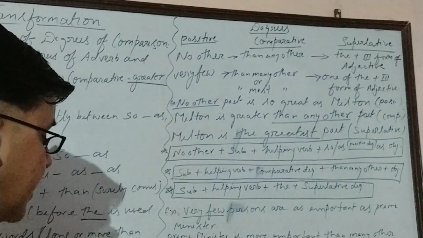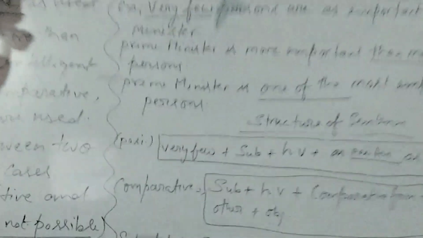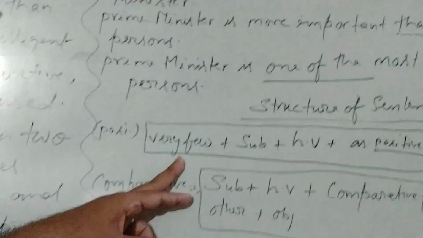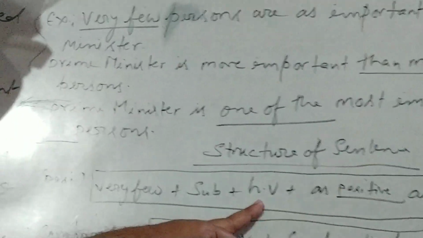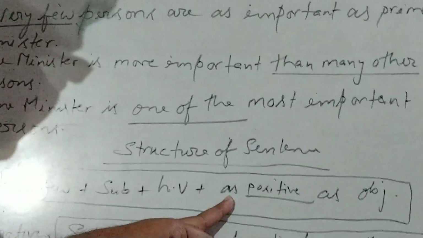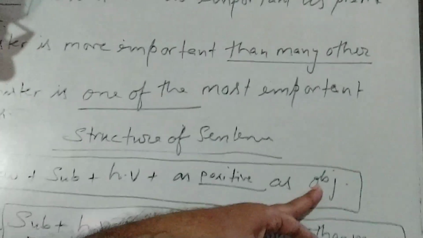For the second line, I have made this structure. I will show my screen closely. Look at the board. First of all, for positive degree: very few plus subject plus helping verb plus as plus positive degree plus as plus object.